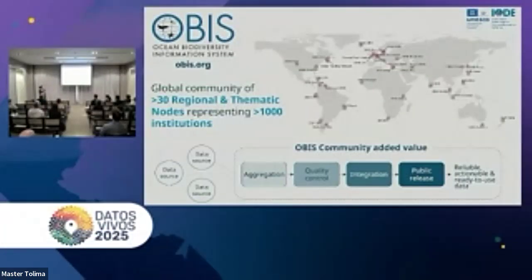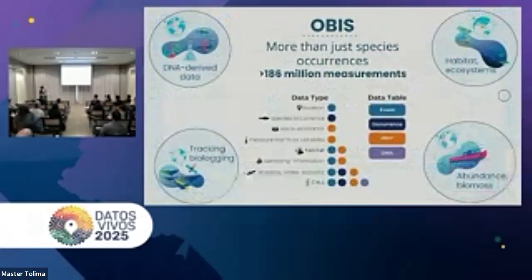So data sources, original data, are aggregated into the global OBIS database, quality controlled and integrated together. So we have thousands of different data sets integrated to the same data standard and released publicly in order to provide reliable, actionable, and ready-to-use data. And so it's like this kind of data that we're focused on.